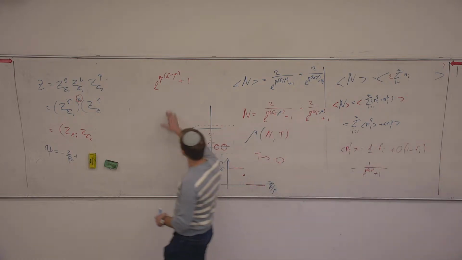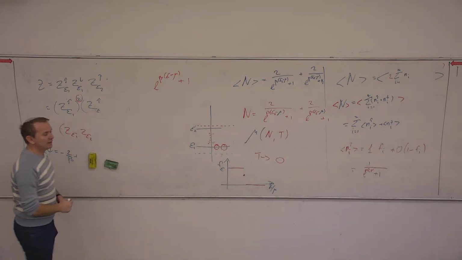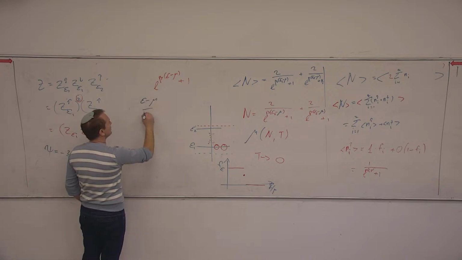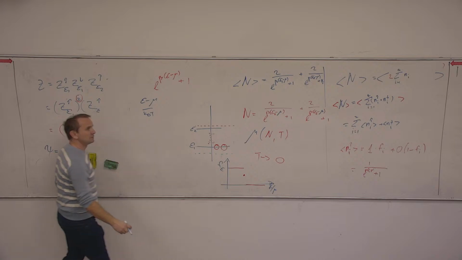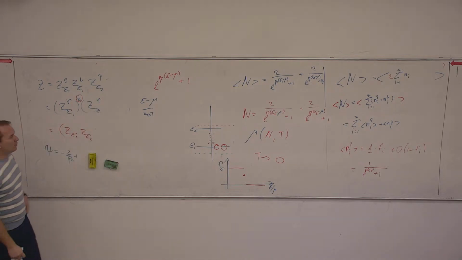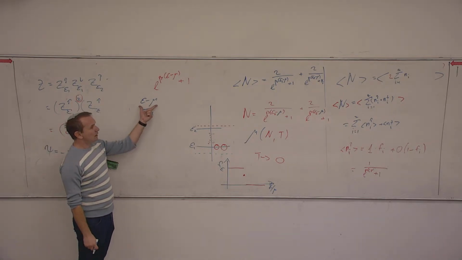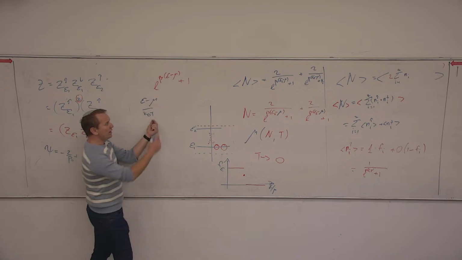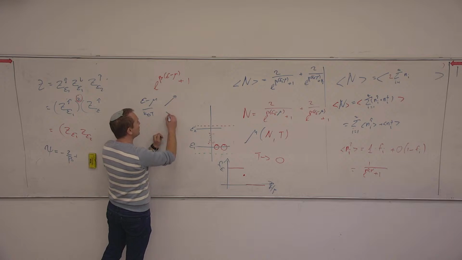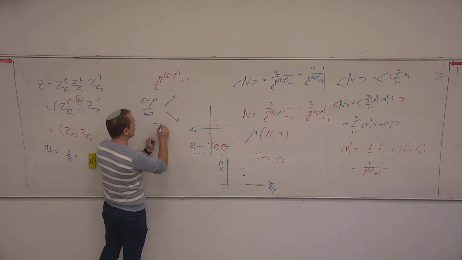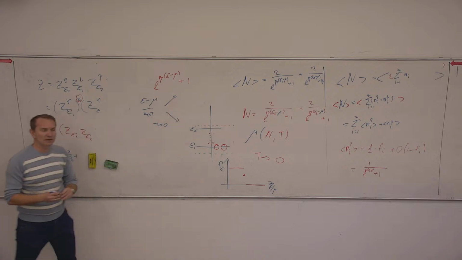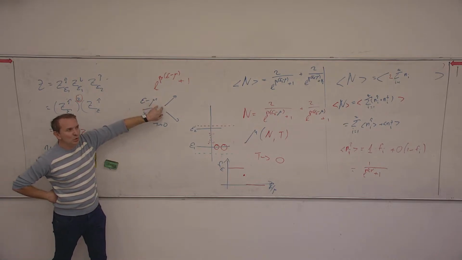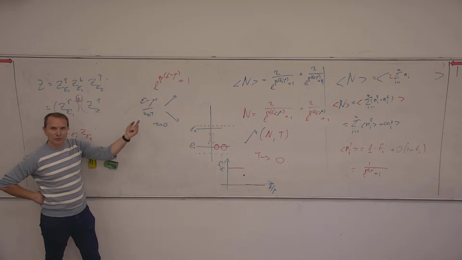Great. So let's look at this guy. The important thing is epsilon minus mu divided by k Boltzmann t. Because t is going to 0, it has only two limits, and those two limits depend on whether epsilon is larger than mu or smaller than mu.